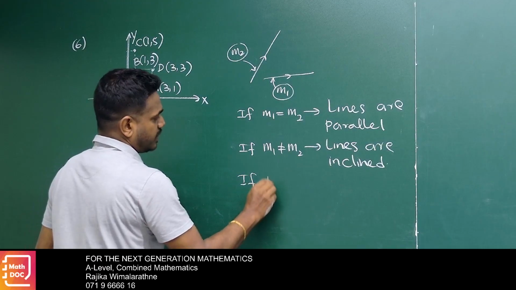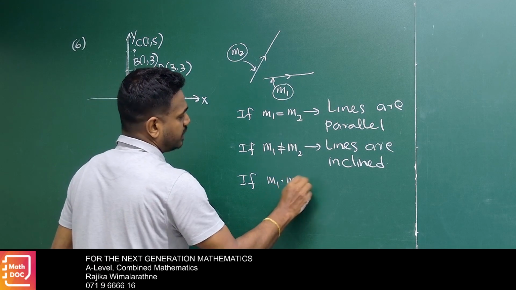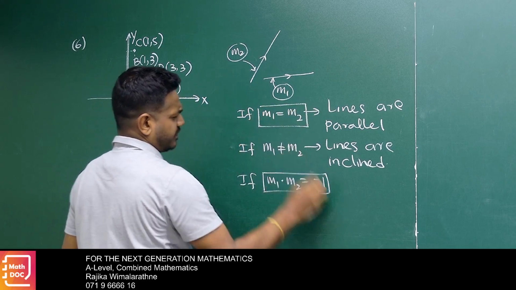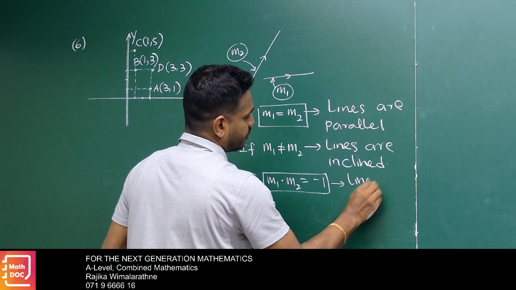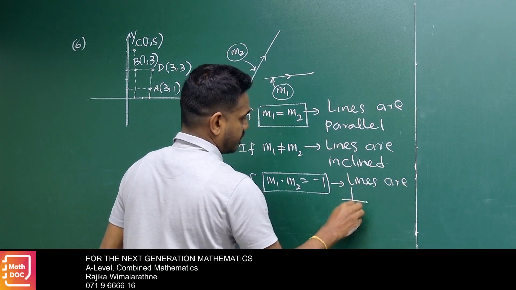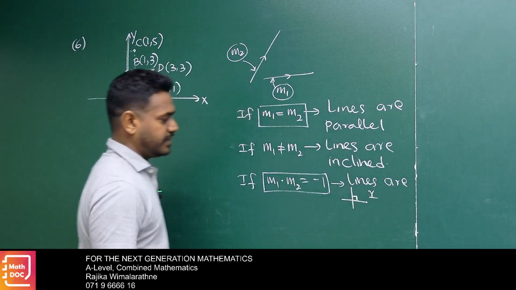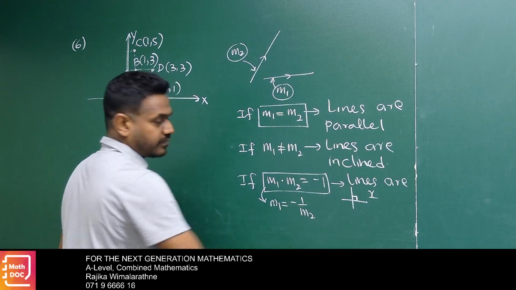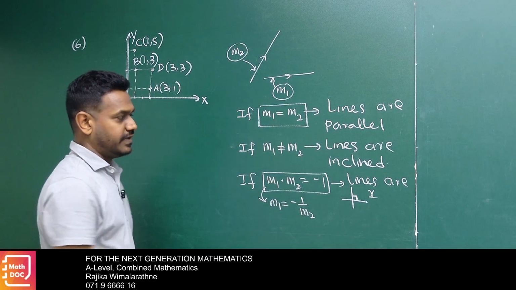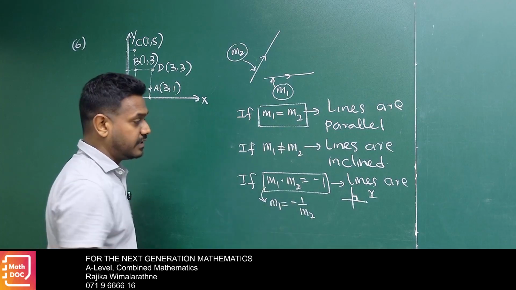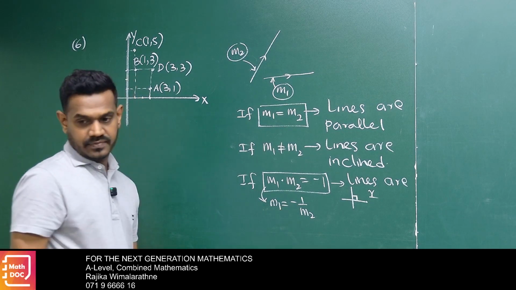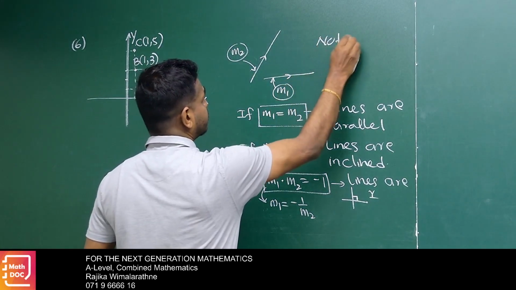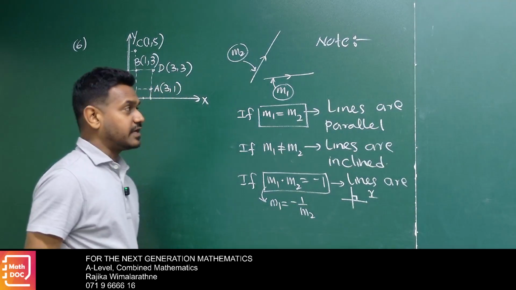If M1 times M2 equals -1, which is somewhat special, the lines are perpendicular. Another format is M1 equals -1 over M2. So when gradients are the same, lines are parallel. When gradients are different, lines are inclined. When the gradient product is -1, we say the lines are perpendicular. While you are doing this, put this note somewhere.